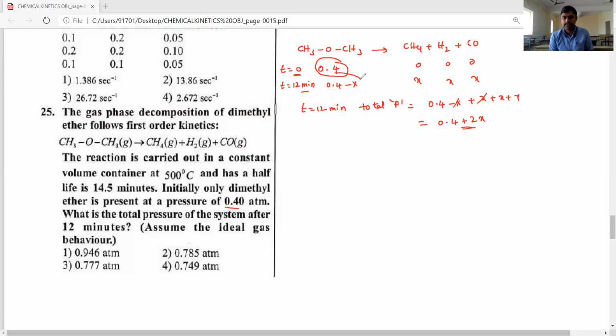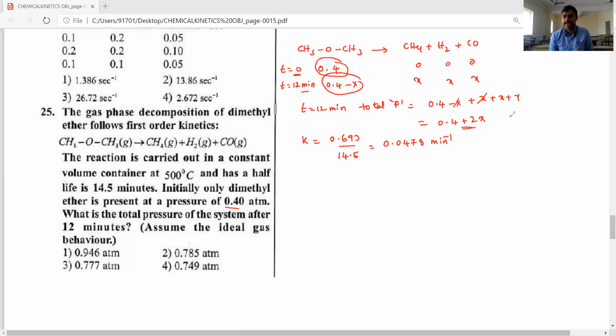The pressure of dimethyl ether at that time is 0.4 minus x. But for this equation, K is equal to 0.693 by T half. The T half value they give is 14.5 minutes. Then on simplification we'll get 0.0478 minute inverse.